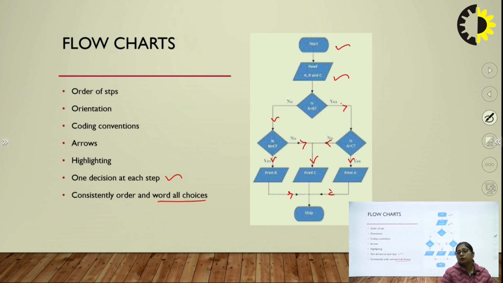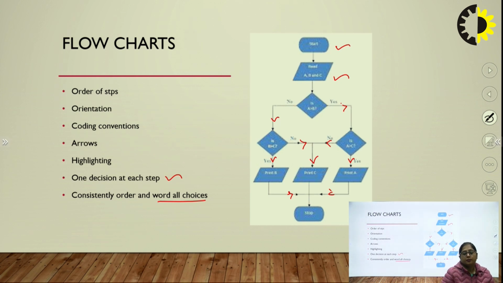Flow charts are used mainly in C programming or whatever language you use. If you are writing code in any language, whatever you want to build, you first have to make its flow chart.